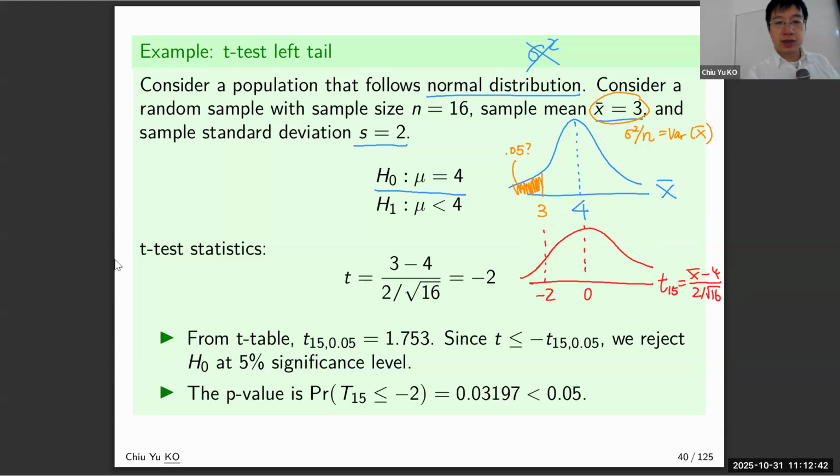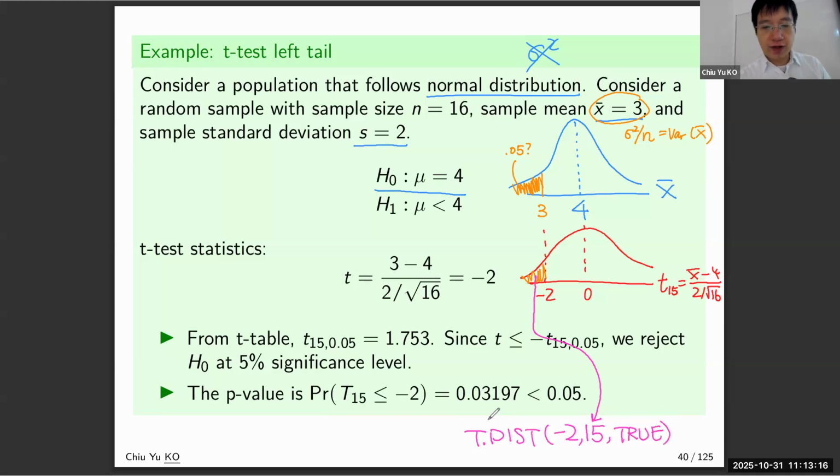And then we know that this area will be same as this area. And what you're left with is, what is this area? And this area is the area on the left-hand side. So simply T dot dist, negative 2, which we're checking the 15 table.